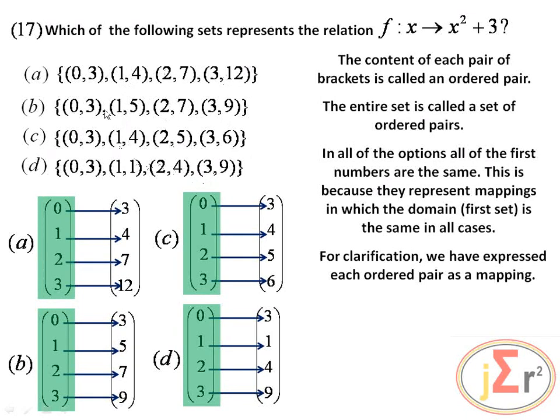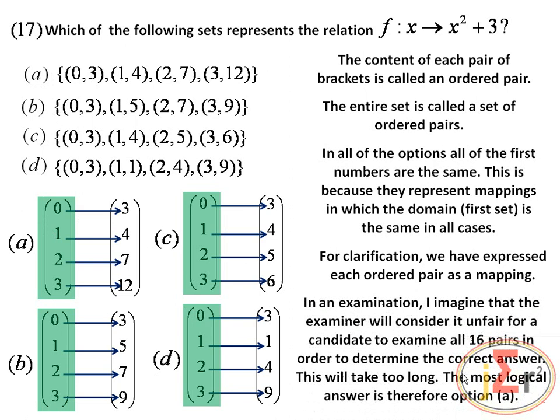So each one of these is representing a mapping from a domain that is the same in every single case. So for clarification, we are showing that each set of ordered pairs may be written as a mapping. And of course we have these mappings right here.